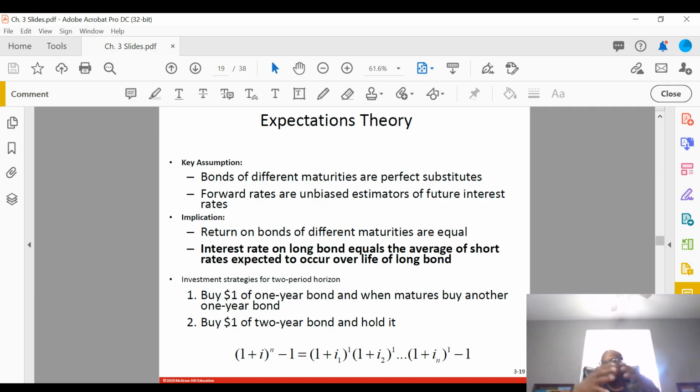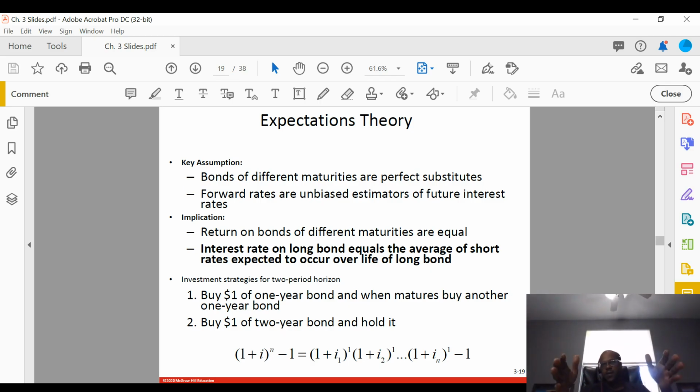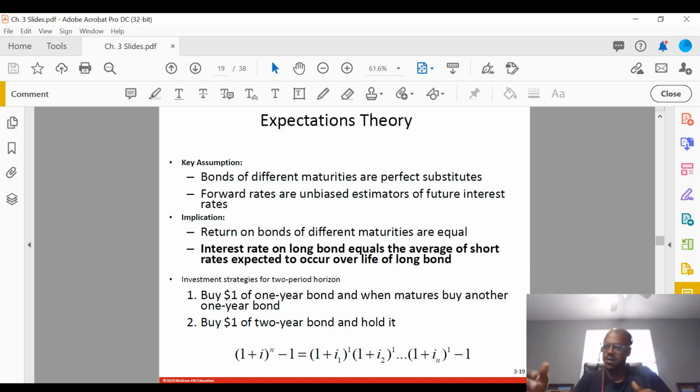The point is we can take that out further. What that means is basically that the 5-year is approximately the average of five 1-year bonds, and the 10-year is the average of ten 1-year bonds.